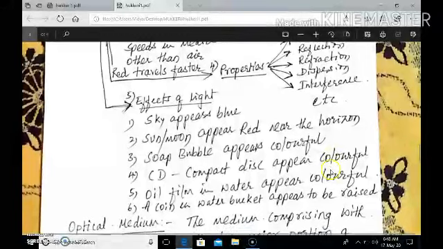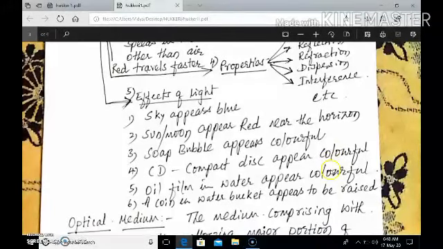Effects of light. Why does the sky appear blue in color? Because of light. Sun and moon appear red near the horizon. Soap bubble appears colorful. Compact disc appears colorful when the orientation of the disc is changed.